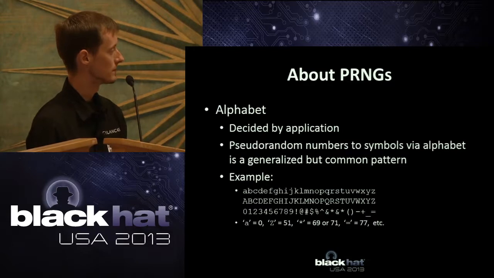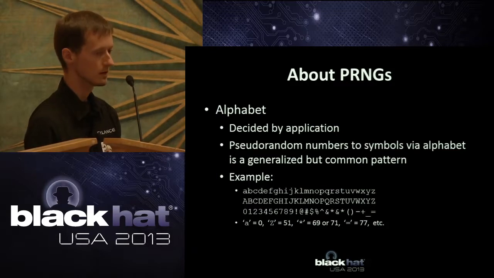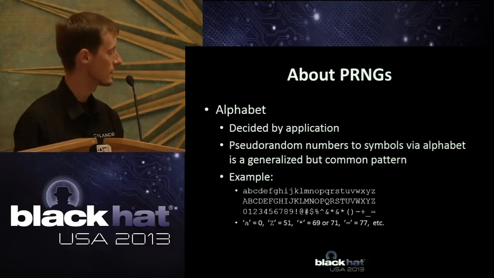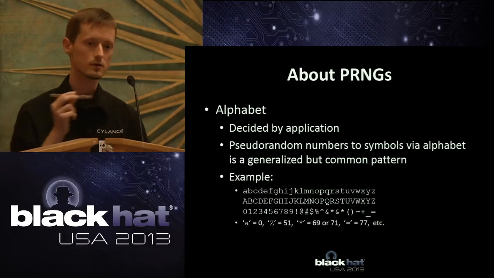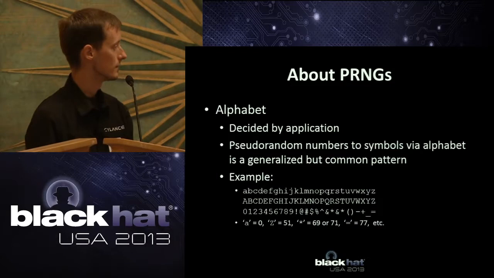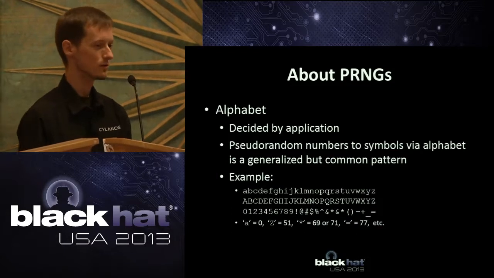And then finally, this is a particularly pesky example, because down on the bottom we have duplicates. We have ampersand and then asterisk, both repeated. So while there's a definite mapping from ordinal values to symbols, there's not necessarily the reverse.